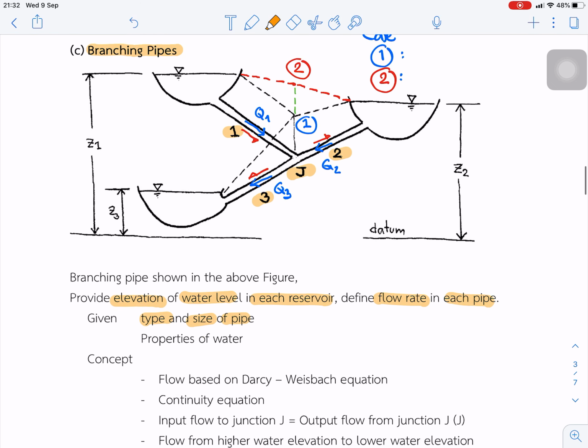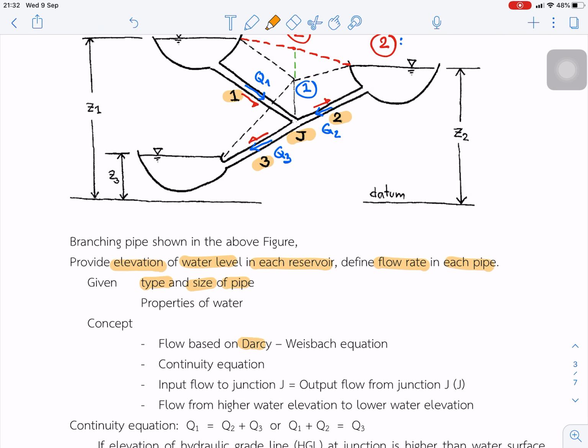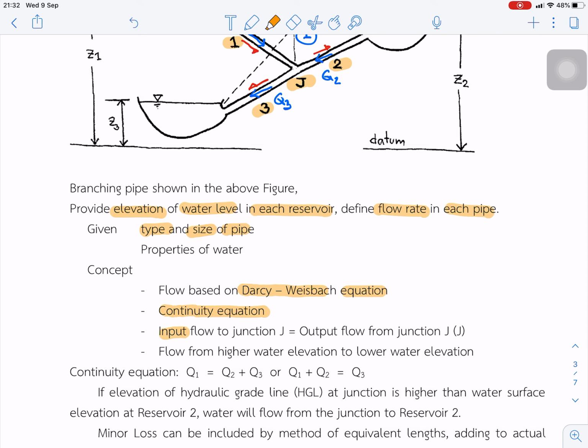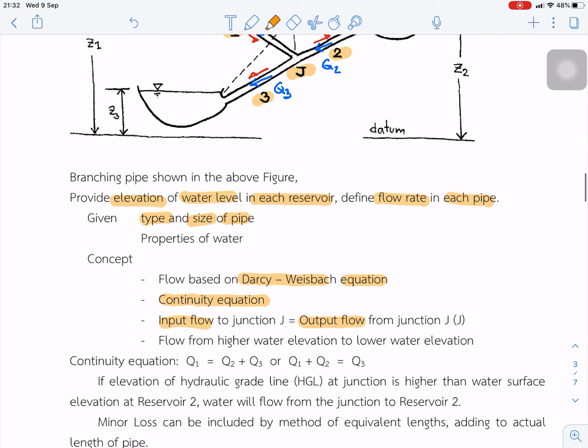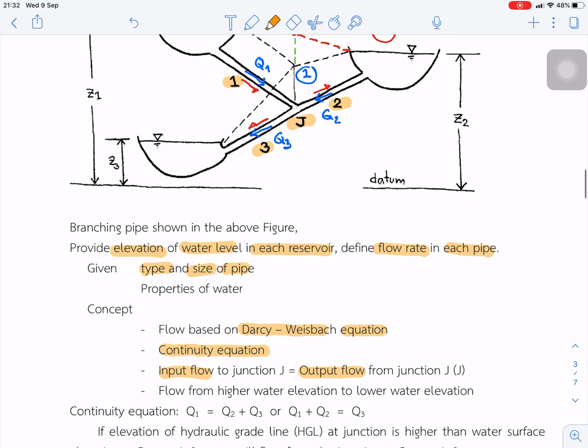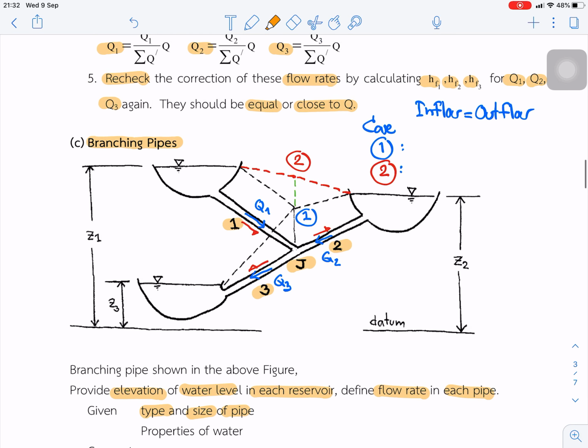So the concept is the flow based on the Darcy-Weisbach equation for each pipe, and the junction is based on the continuity equation. It means input to the junction equals output flow from the junction. So flow goes from higher to lower elevation, so we use the continuity equation. The next step, we have to assume the elevation of the junction.